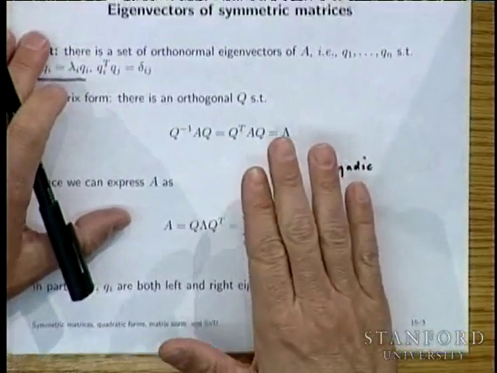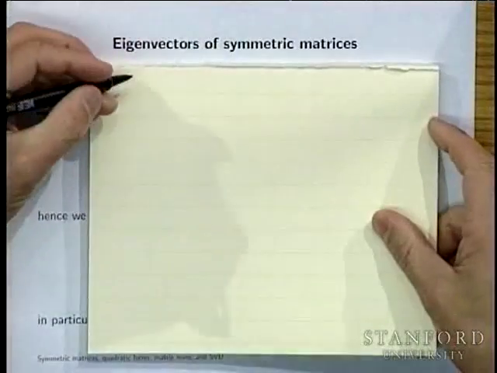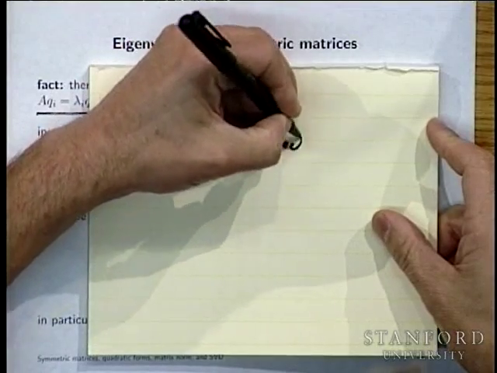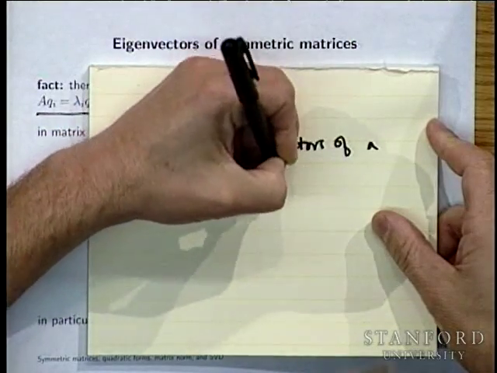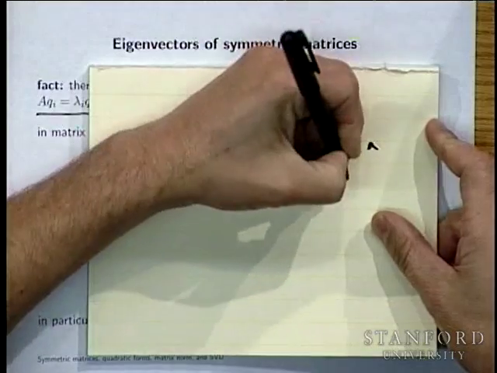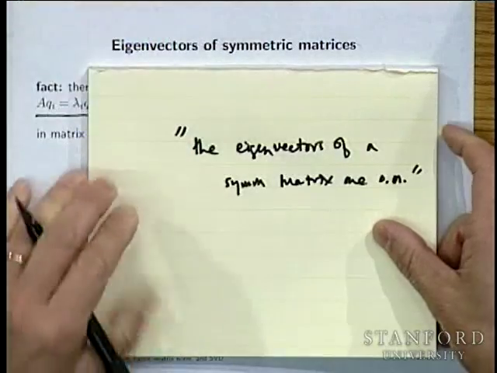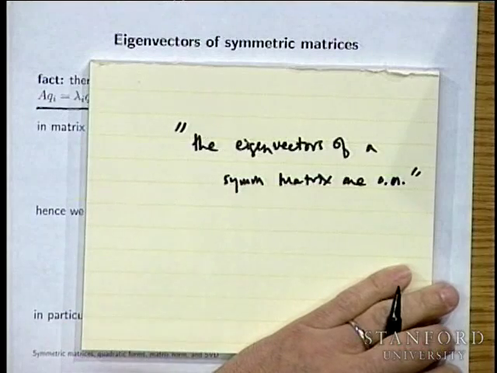Before we go on, though, let's talk about the slang statement. So here's the slang statement. This is what you would say: the eigenvectors of a symmetric matrix are orthonormal. This is among friends, a casual get-together.